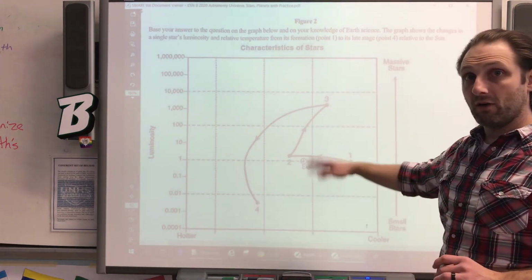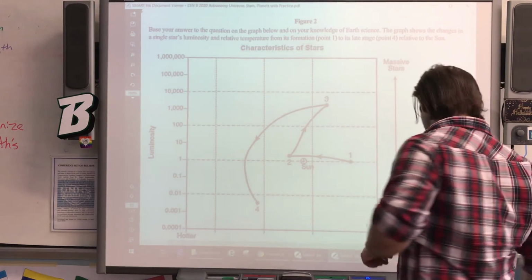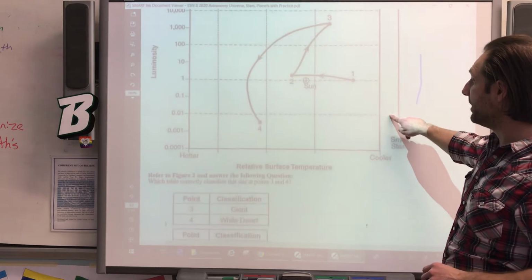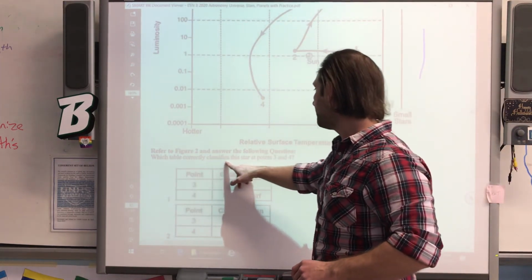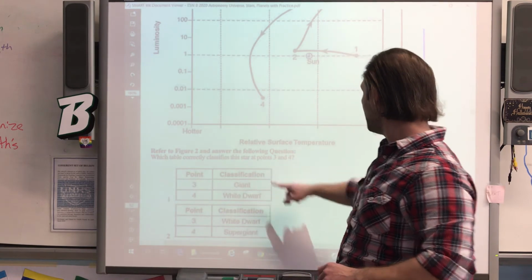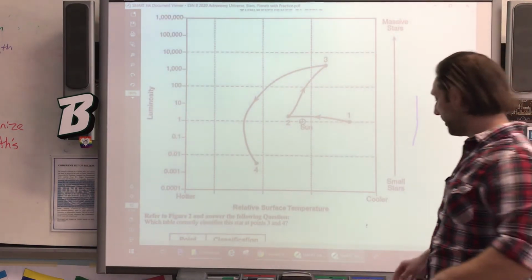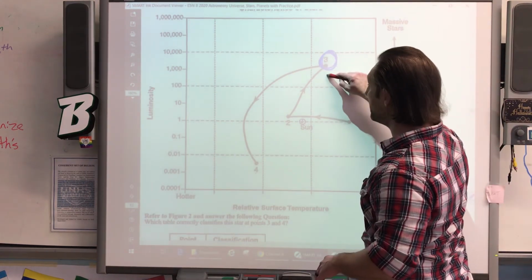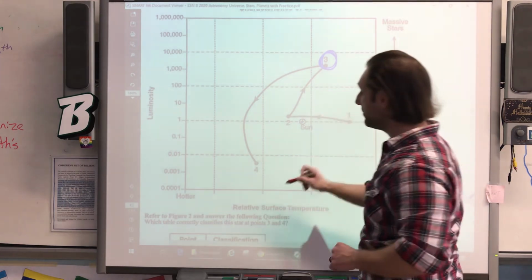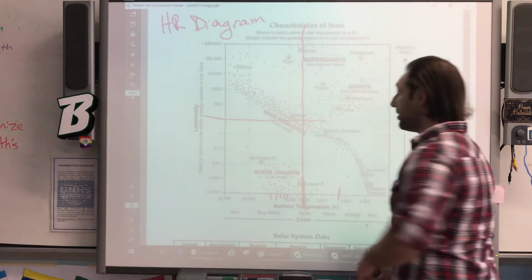Similar chart and graph, everything we have from our reference tables. Let's move up to here. Which table correctly classifies this star at points 3 and 4? So we have to figure out what it's called at point 3 and 4. So we got to look and see what type of stars are here on our reference tables. So we go back.